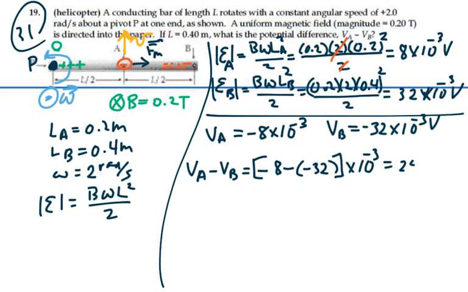So this is positive 24 times 10 to the minus 3 volts, or positive 24 millivolts. That is the potential difference VA minus VB on this rod: a positive 24 millivolts.